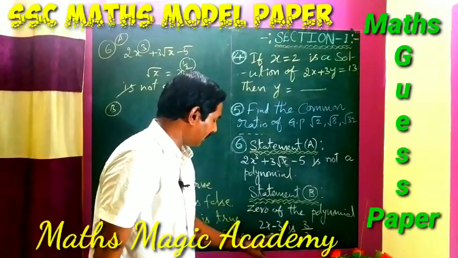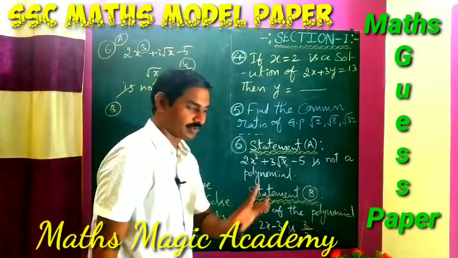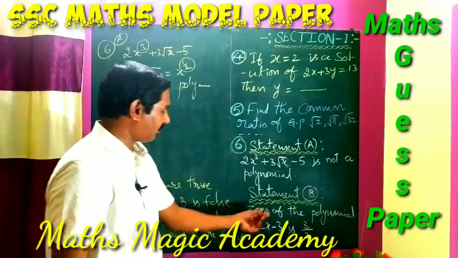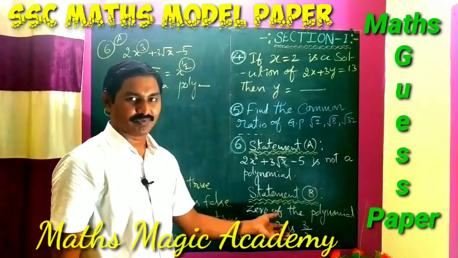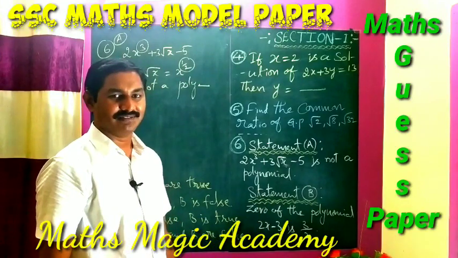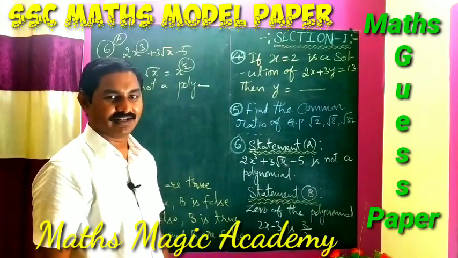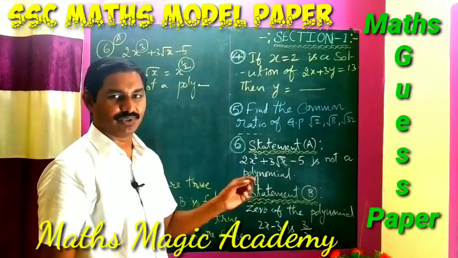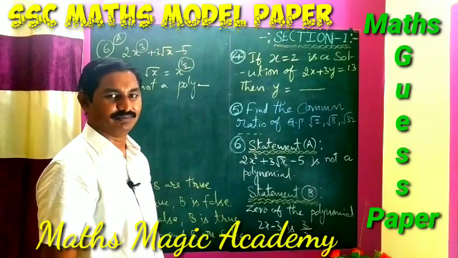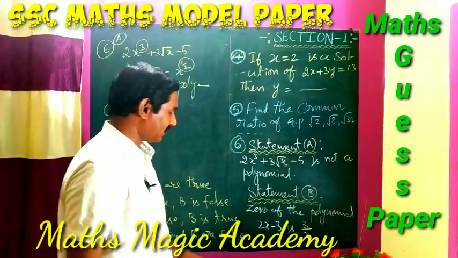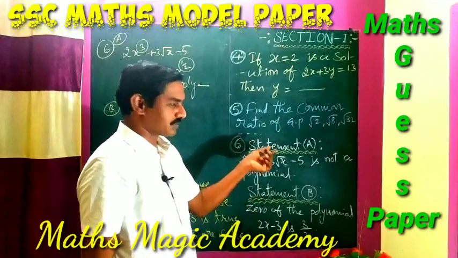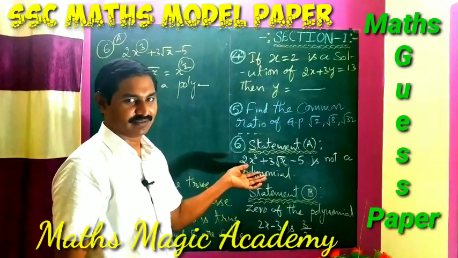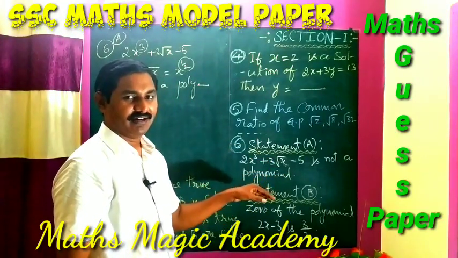The zero of the polynomial 2x minus 3 is 3 by 2. Now one more question: zero of the polynomial. This type of question also came previously, where one of the zeros is given, like x equals 2, and then you find the y value. We substitute the x value in the equation and find the y value.